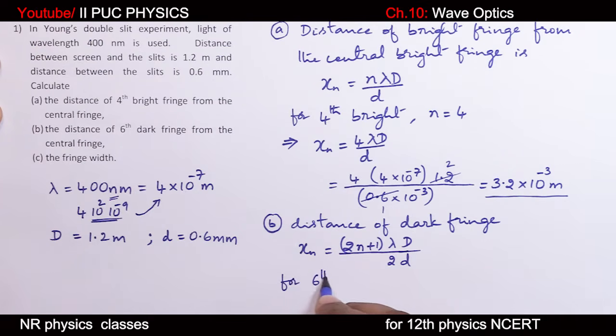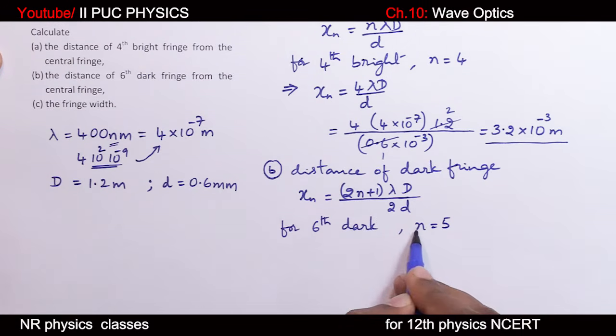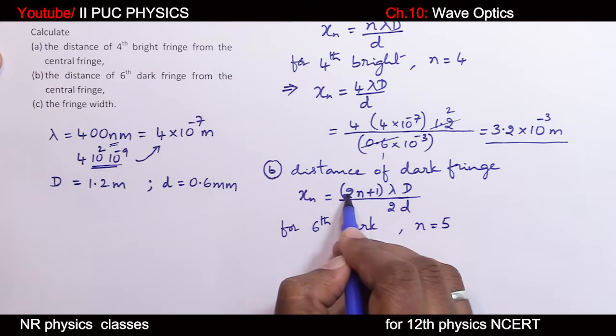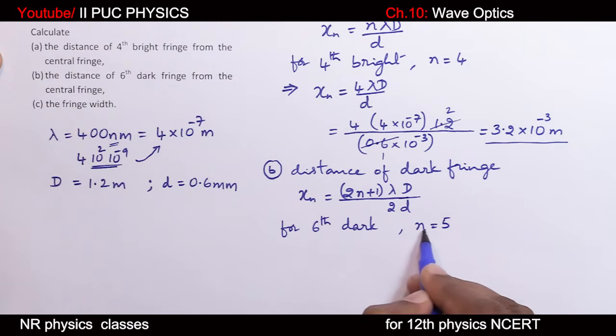For sixth dark, n is 5. If it is 2n plus 1, then n should be 5. If it is 2n minus 1, n is 4.